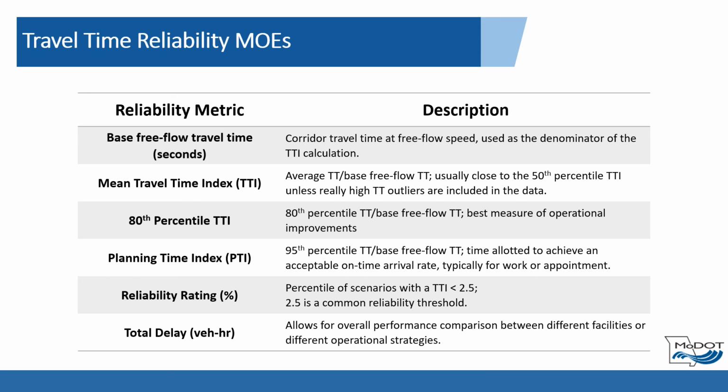This table lists several common travel time reliability metrics reported in the Travel Time Reliability modules of HCS. HCS reports percentiles in Travel Time Index along with the base free flow travel time imported from the base sheets file.